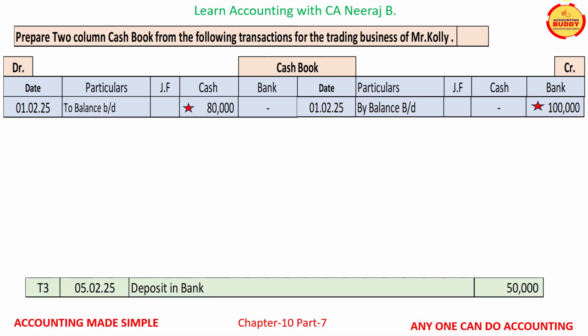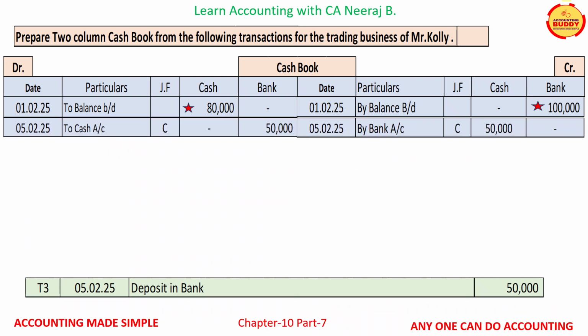Transaction T3 is on 5th of February 25, business deposited $50,000 cash in bank. This transaction will affect both sides of the cash book. Since there is an increase in the bank balance, an amount of $50,000 will be recorded on the left hand debit side of the cash book on 5th February 25 by writing the words to cash account.